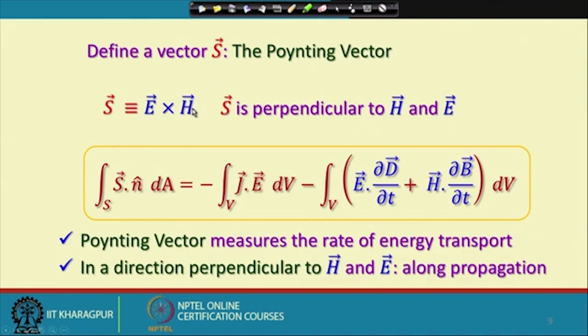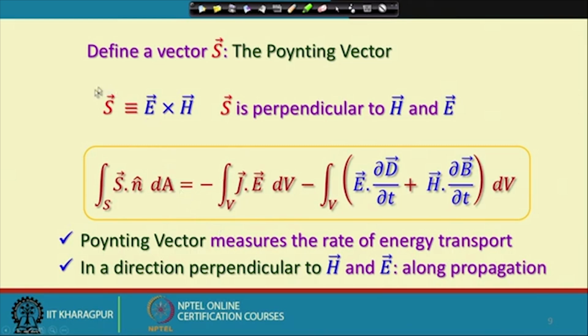Now, if we replace this E cross H by this quantity, the Poynting vector S, then the surface integral of S dot n dA will be equal to the quantity which we have described before, that is the volume integral of J dot E dV minus E dot del D del T, H dot del B del T. So, it tells you that the Poynting vector measures the rate of energy transport, and the energy transport happens in a direction which is perpendicular to both the magnetic field and electric field, and that means it is along the direction of wave propagation.